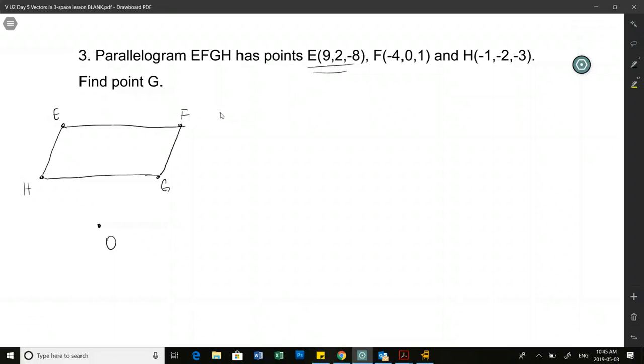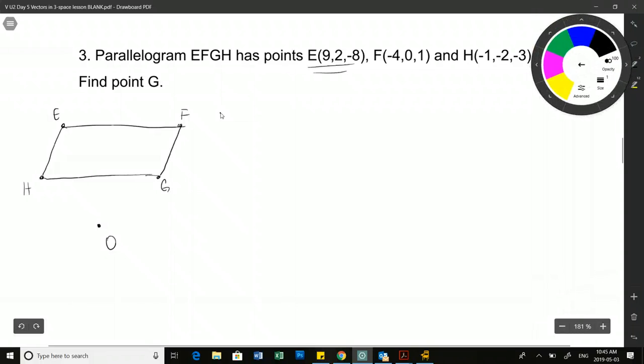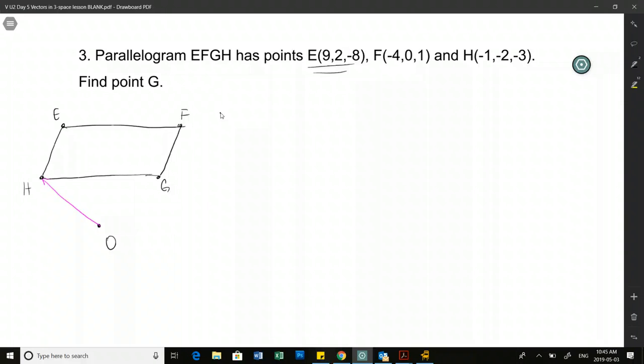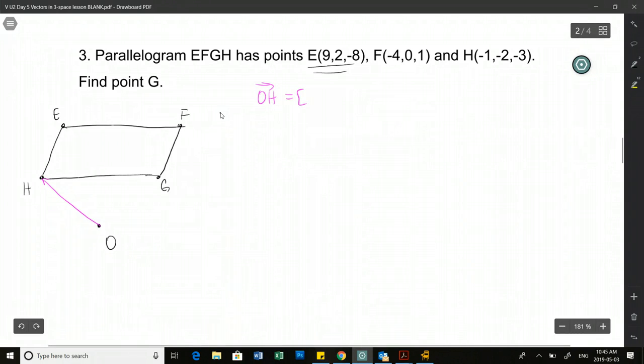So if I want to turn them into vectors, I need OE and OF and OH and OG. So let's think about this. If I take the vector from the origin to H, that is the vector OH, right? So we can now express it as a vector, like so.